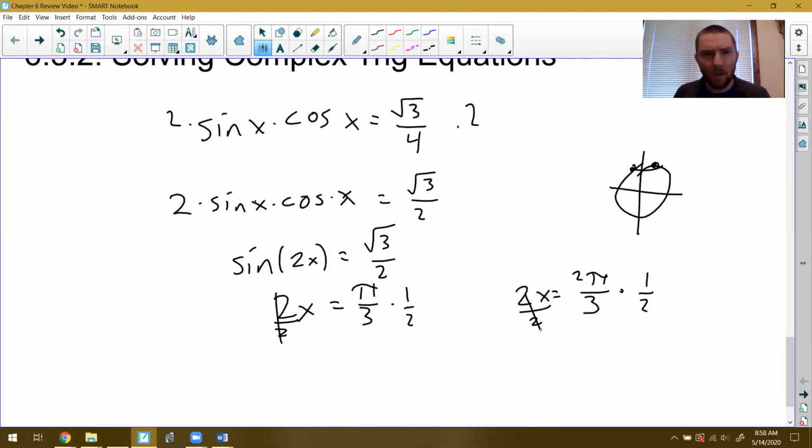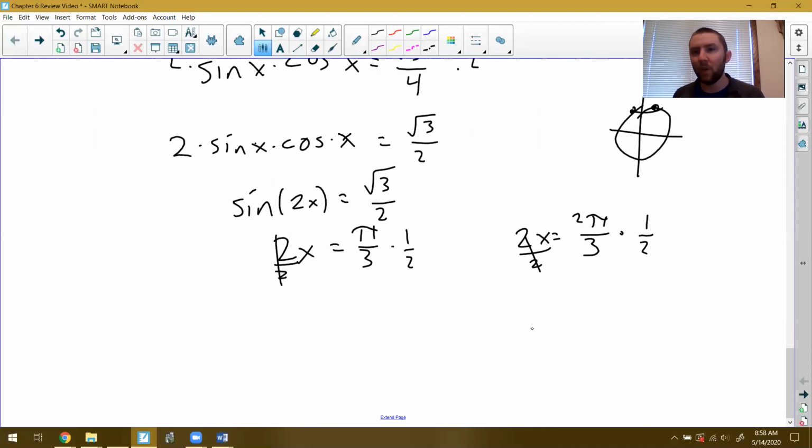But solving these complex trig equations sometimes involves dividing by 2 after we solve from our unit circle because of these double angle formulas. Or if it's a half angle formula, we might end up multiplying by 2, but that would be a really complicated looking equation. So we end up here with pi over 6, and this one ends up being pi over 3, actually, because 2 times a half becomes 1 pi over 3.